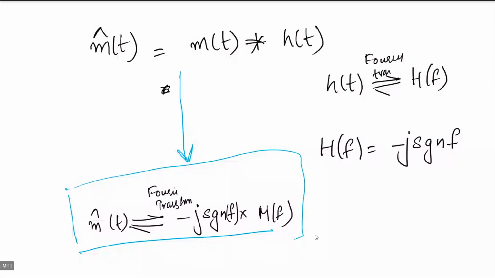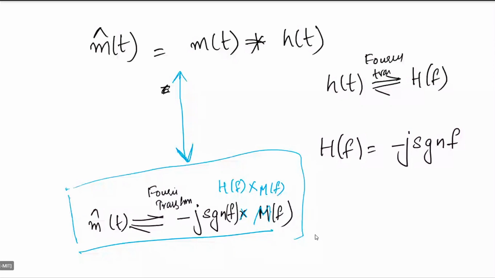Applying that, convolution converts to multiplication in the frequency domain. So the Fourier transform of M hat t is the product of h of f and M of f, where h of f is minus j signum f, and this is M of f.